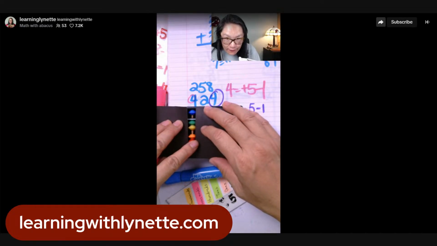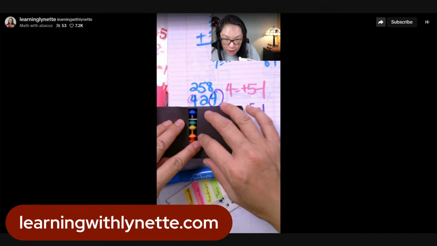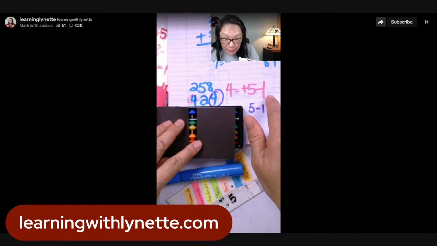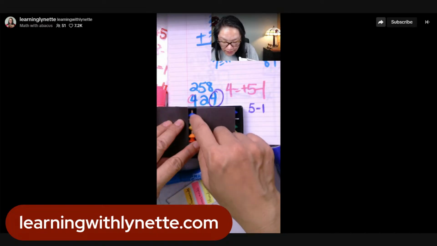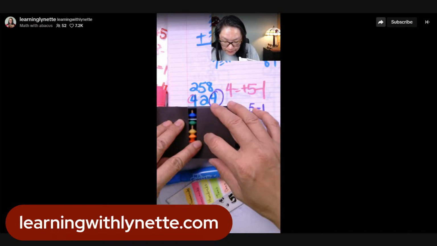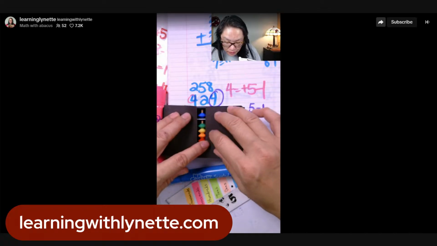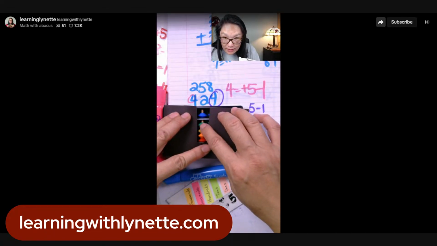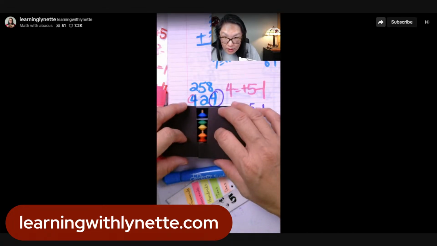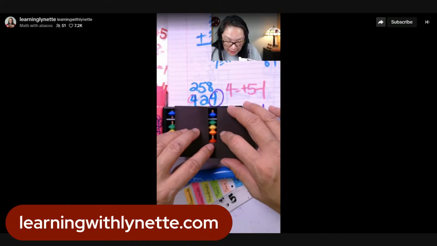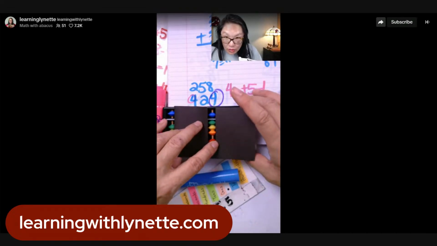We need to isolate it. We add the 4 as plus the 5 minus the 1. Then we're going to plus the 2. Can we add the 2? Yes, we're going to add the 2. And then we got to go here. Add the 4. Can we add the 4? No. Oh, I didn't write it. Plus the 4.